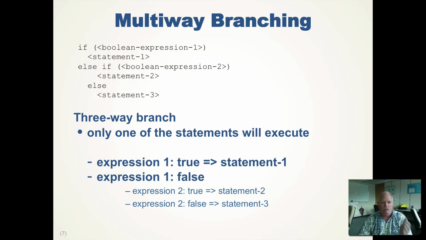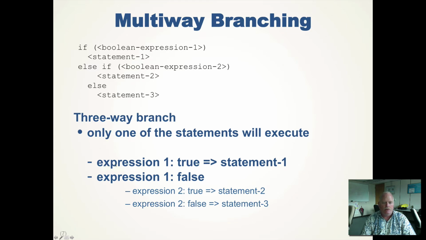So if the Boolean expression 1 is true, we execute statement 1 and then we skip the whole first else part. If Boolean expression 1 is false, then we have to evaluate the second if statement here. So we have to say if Boolean expression 2 is true, then we do statement 2. If Boolean expression 2 is false, then we do statement 3.